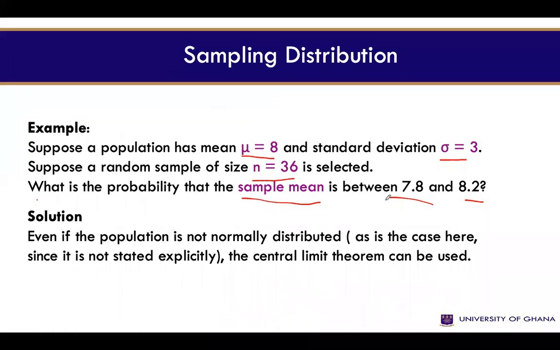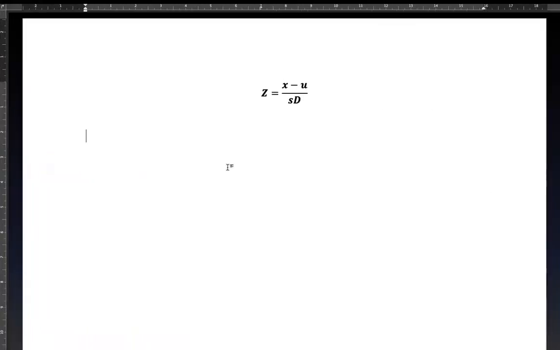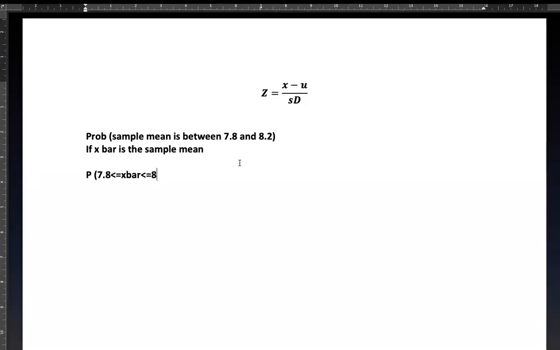Remember that we are finding the probability that the sample mean is between 7.8 and 8.2. If X bar is the sample mean, then I'm looking for the probability that 7.8 is less than X bar, which is less than 8.2.